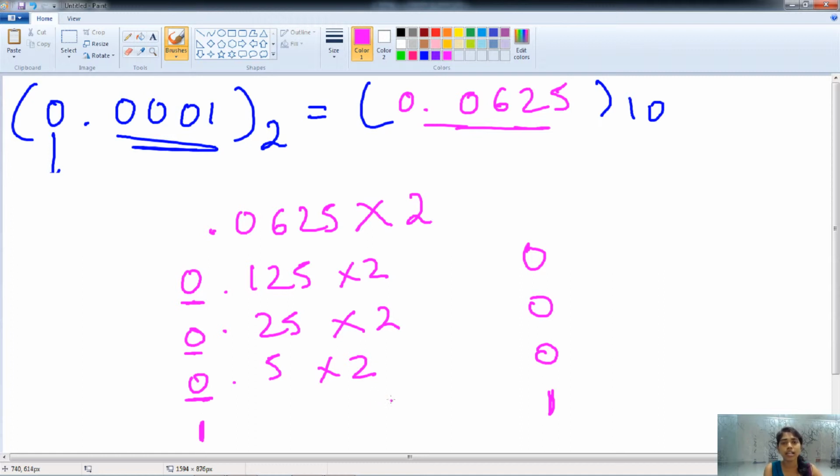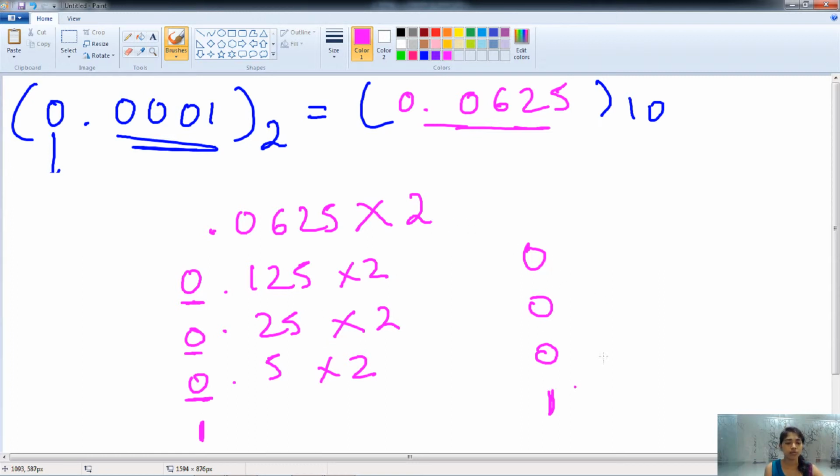So ultimately what you have to do is multiply this fraction part with 2 until you get the perfect one. Whatever you are getting as whole number, you just have to put that here. Even if you have got 1.25, then you would put this 1 here and then multiply 0.25 with 2.